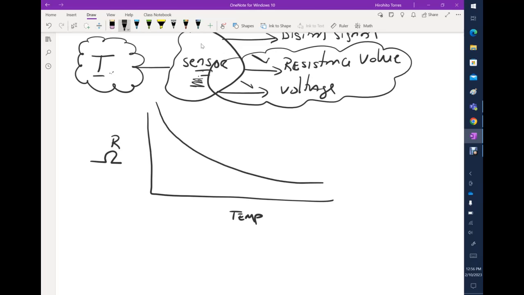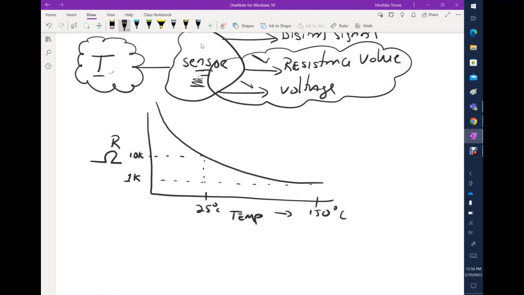As the temperature increases, let's say here 150 C, you have a very low resistance, let's say about 1 kilo ohm. Now, at room temperature, let's say 25 degrees C, that value is typically about 10 kilo ohms.